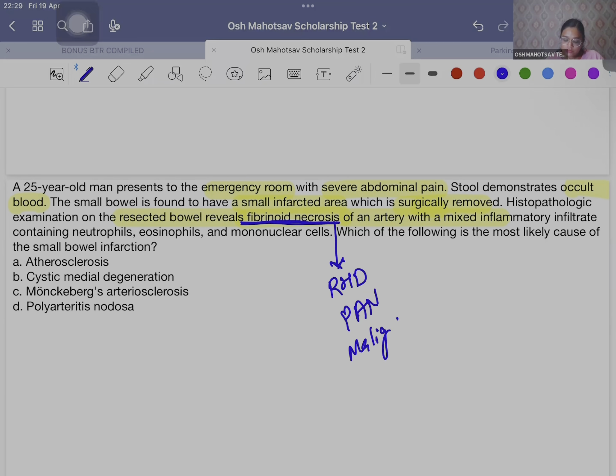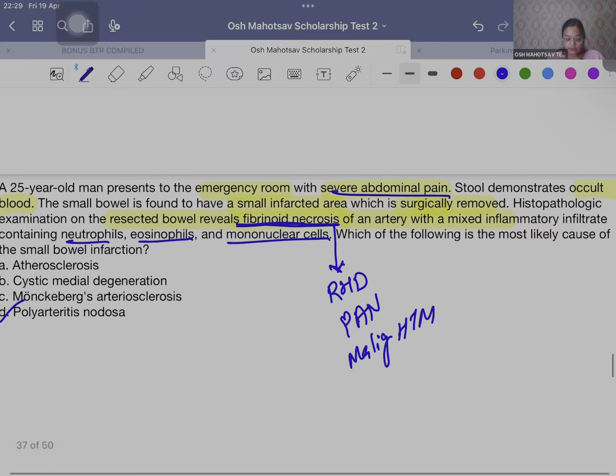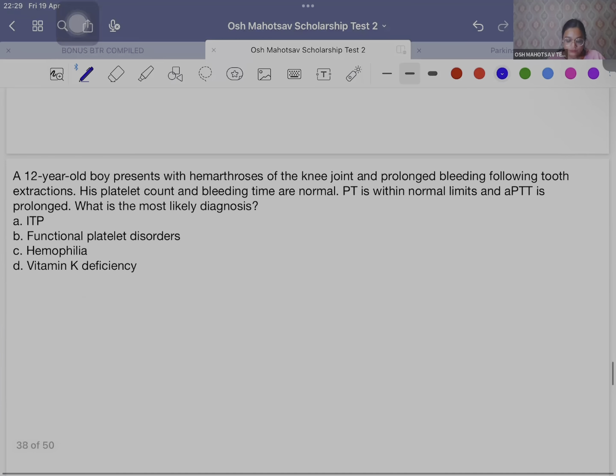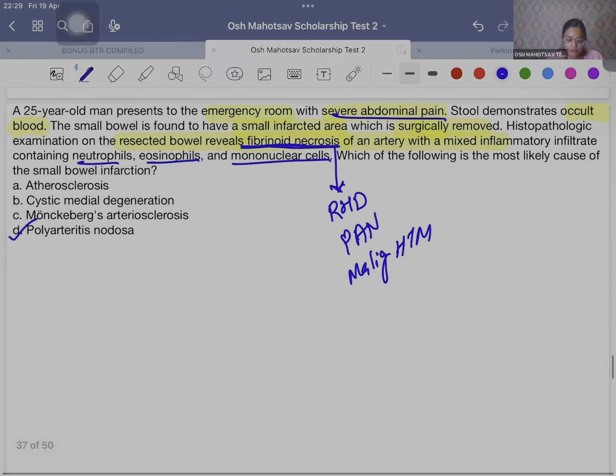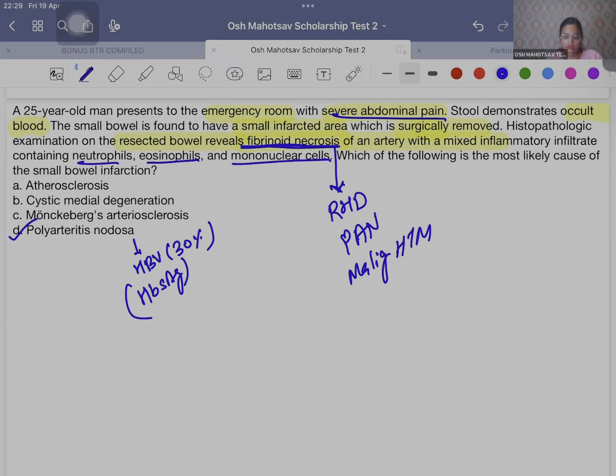Okay, so this answer will be polyarteritis nodosa, because they have neutrophils, eosinophils and mononuclear cells, and abdominal pain. And PAN is also associated with hepatitis B virus in 30% cases. So HBs antigen we can find positive in these patients.